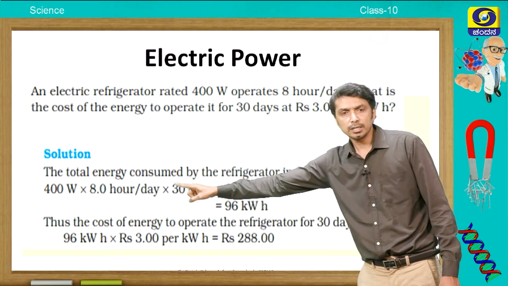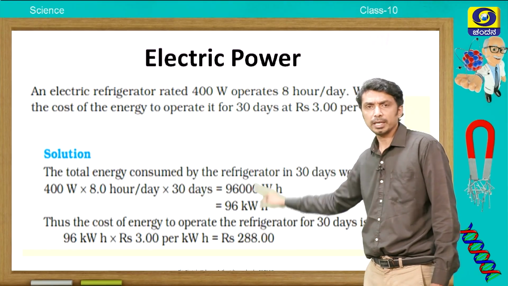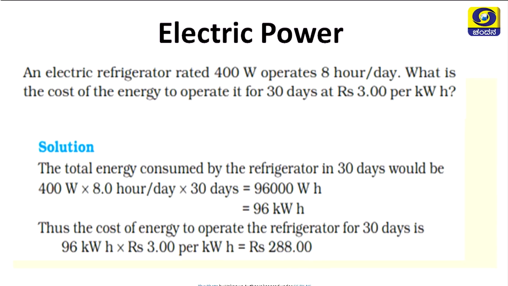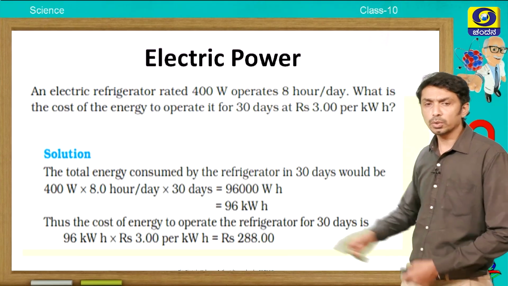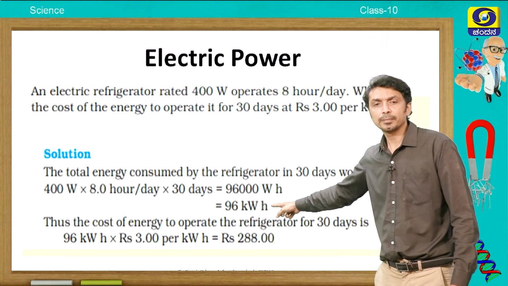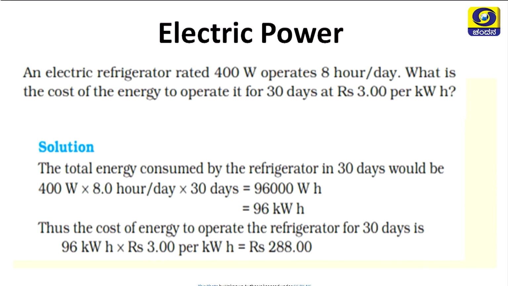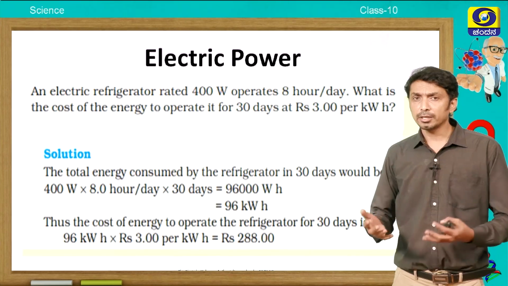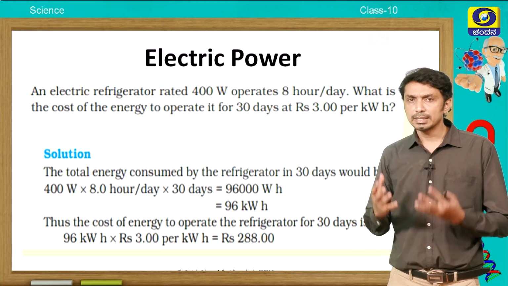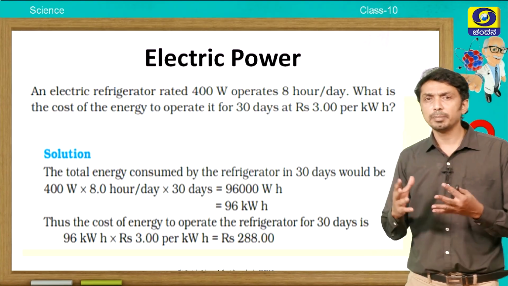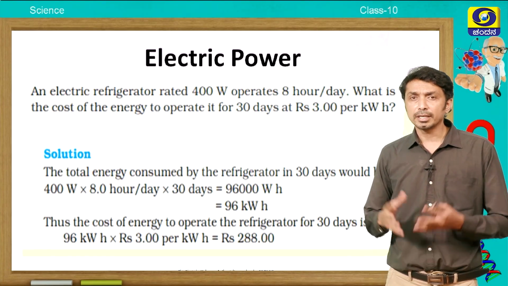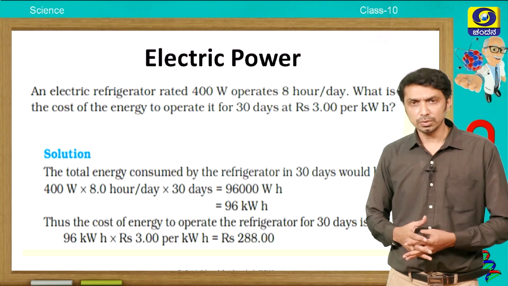As you can see, watt and hour we have multiplied, so that is the unit watt hour. 1 unit costs, in the problem they have given rupees 3. So, the total cost of 96 kilowatt hour is 96 into 3, that is 288 rupees. So, children, here you are able to see how the electrical bill is calculated at our homes for domestic uses.